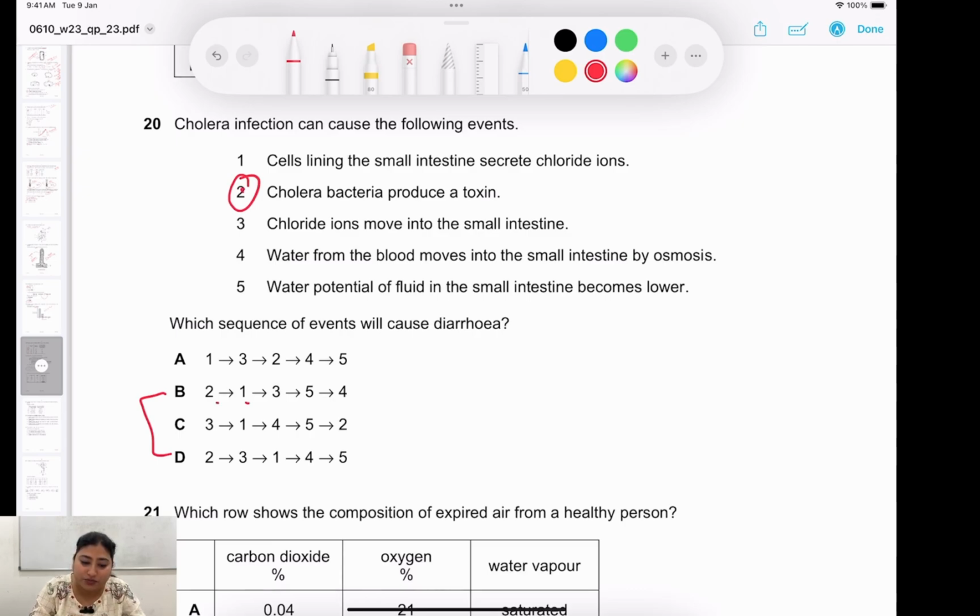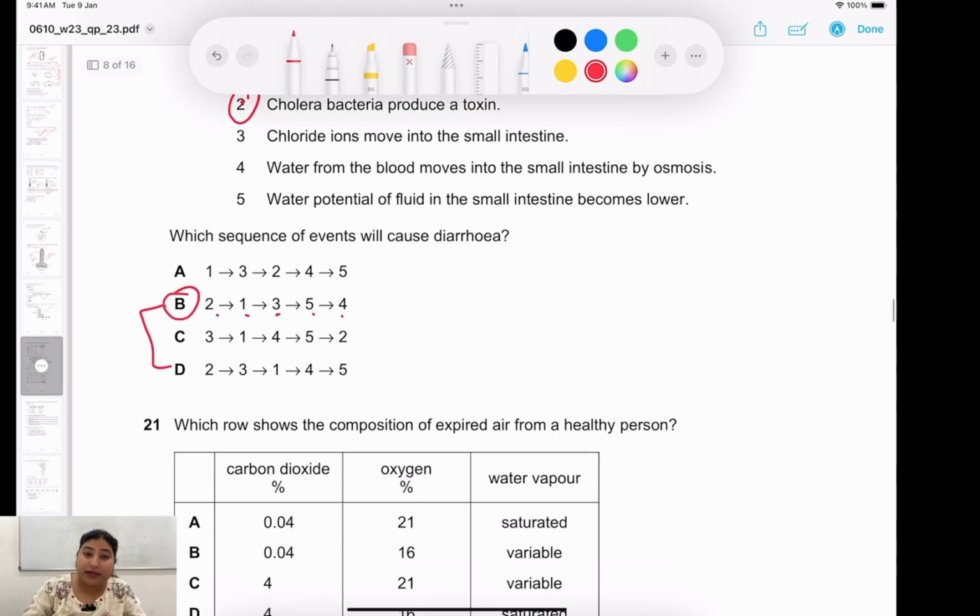After second, it is going to be first. Then chloride ions move into the small intestine. Of course, after that, that will be 3. Fourth, then the fifth one: the water potential of the fluid in the small intestine becomes lower, and then water from the blood moves into the small intestine by osmosis. So the correct answer here would be B and not D.